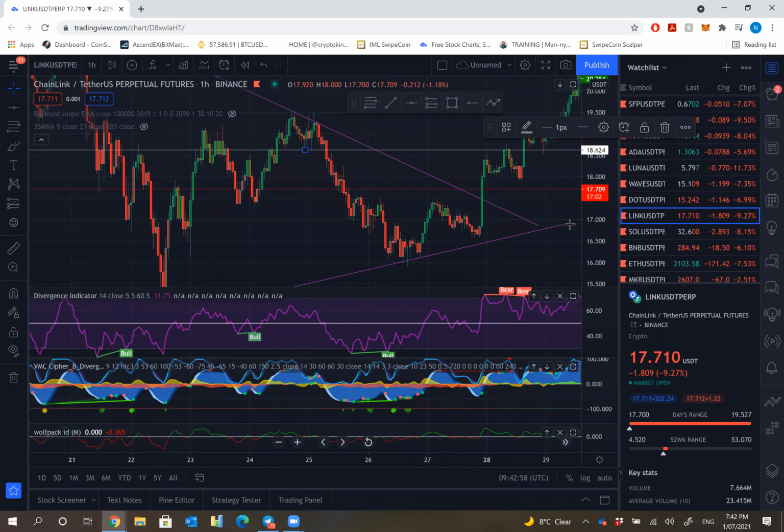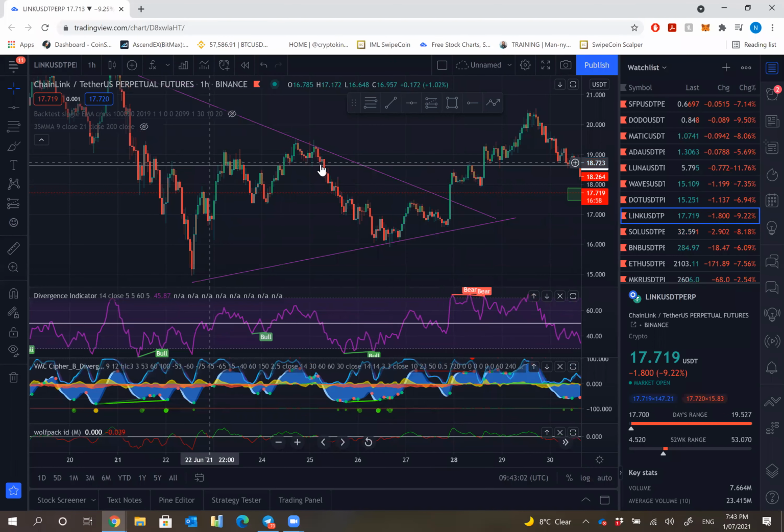So you're looking for areas where it looks like the market has halted in moving forward, because bots will actually look at areas where there's been lots of buying and selling power halted, and they'll know, okay, at this point there was sort of a standstill.